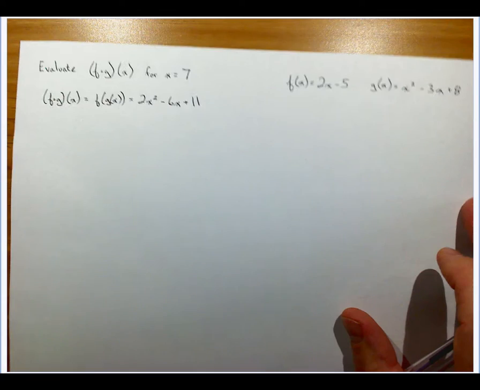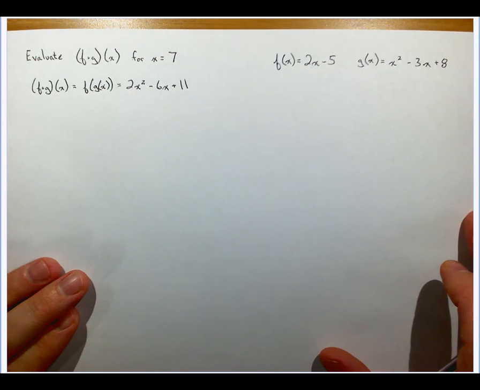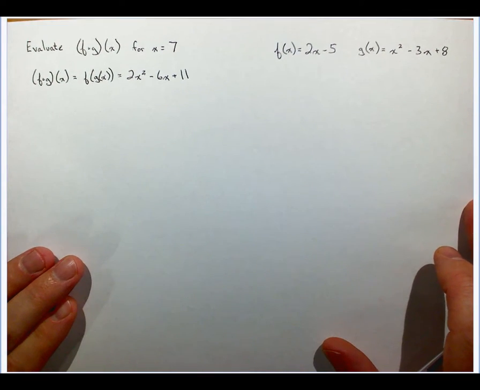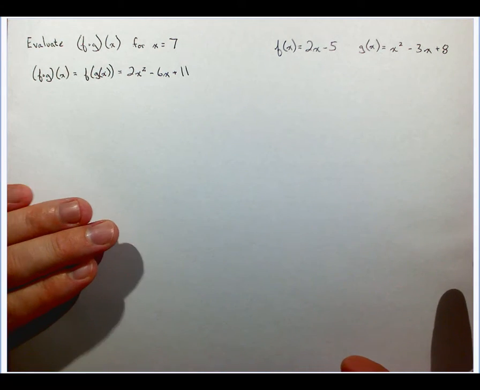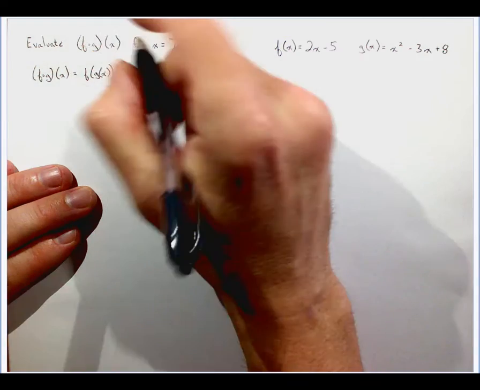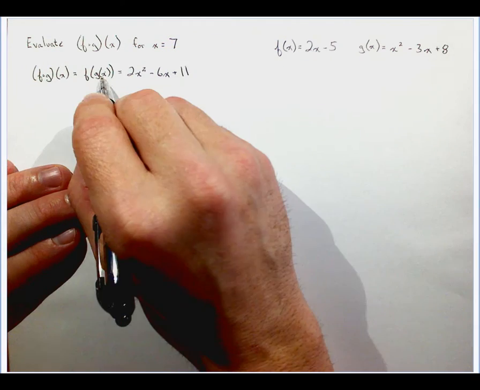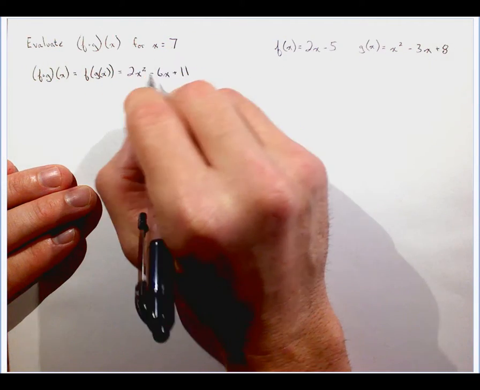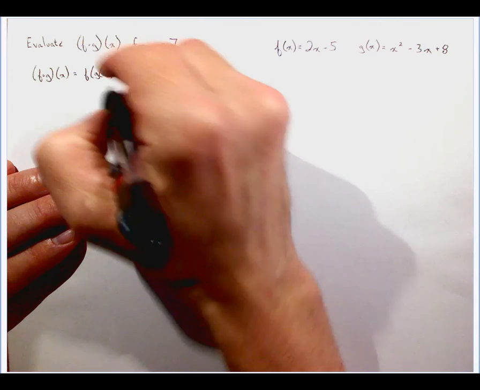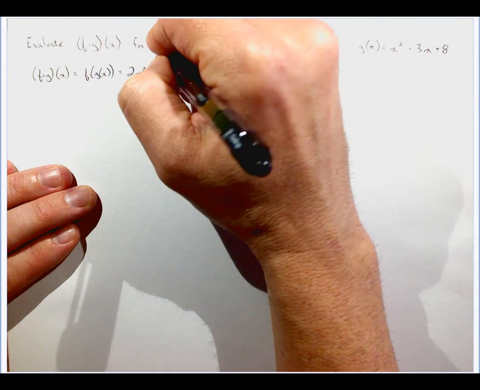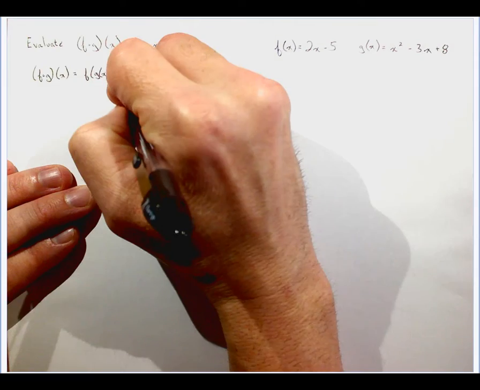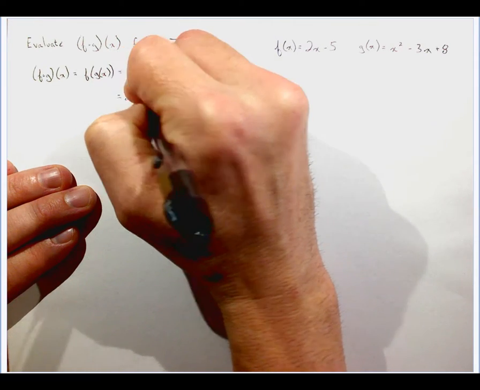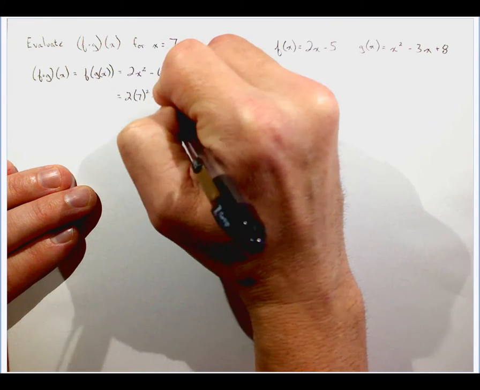So let's take this and evaluate it. Okay. I'm given an initial input of 7. So I want to know whenever my composition function input is 7, what is my output? I simply replace my x values in my function with the numeric value of 7.